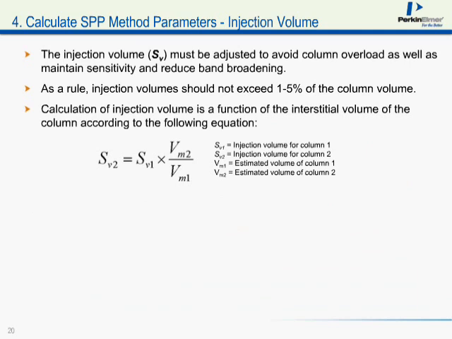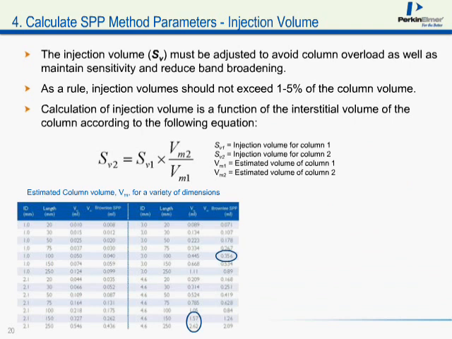These columns will normally have a little lower capacity than your standard column because you're usually going to a shorter column than you would with your standard fully porous particle size column. And so injection volumes, as a rule, you don't want to exceed 1 to 5% of the column volume. And so the calculation is based on the interstitial volume of the column and the current injection volume. And so it's basically a ratio of the two.